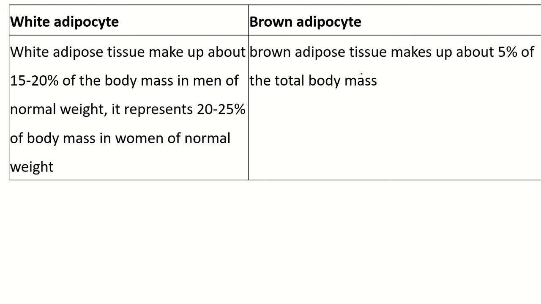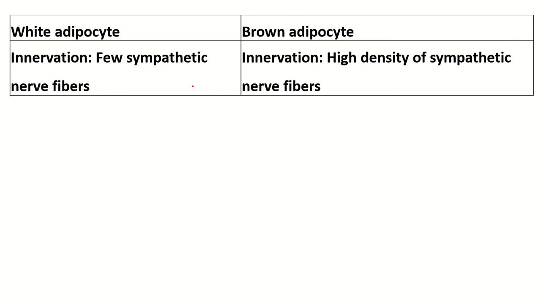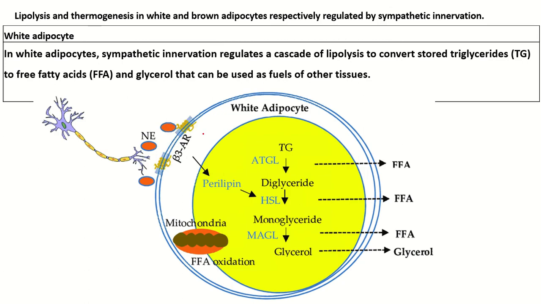The brown adipose tissue makes up about 5% of the total body mass in an adult. The white adipocyte has few sympathetic nerve fibers, and the brown adipocyte has a high density of sympathetic nerve fibers.